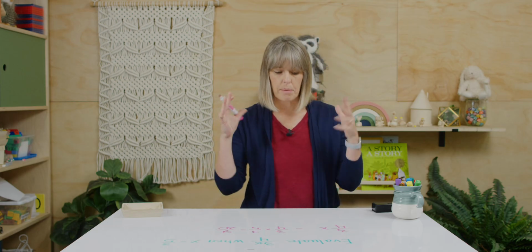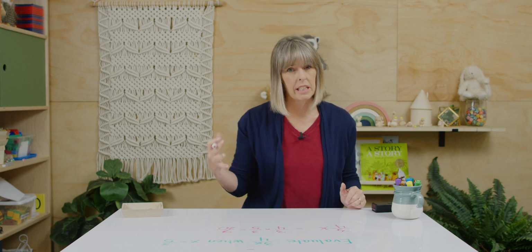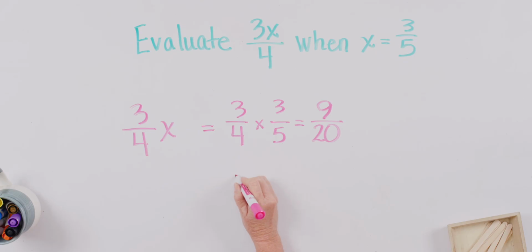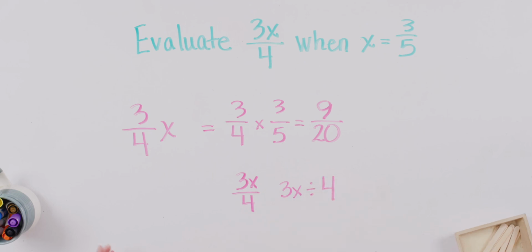Now there's another way you can also do it, and this may feel a little bit longer, but your brain may work through it a little bit easier this way. We would write our 3x over 4 as 3x divided by 4. Okay, we can see it like this as well. And then plug in our x, which would be 3 times 3/5 divided by 4.